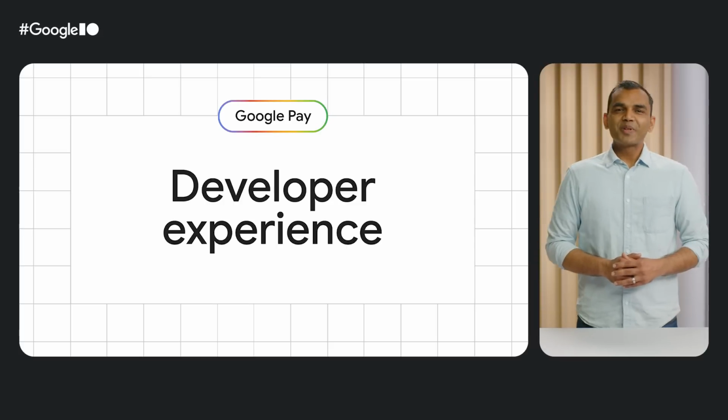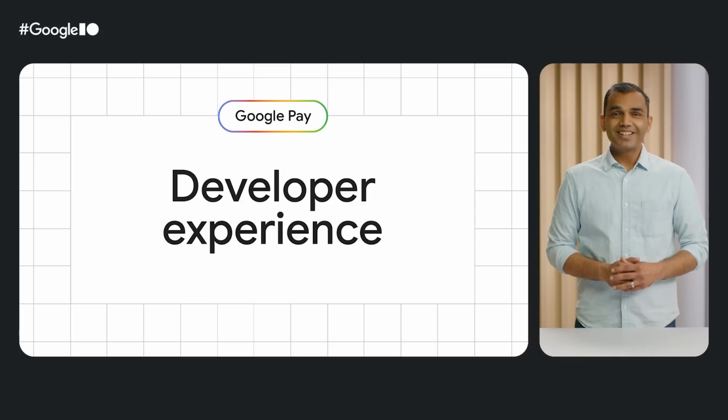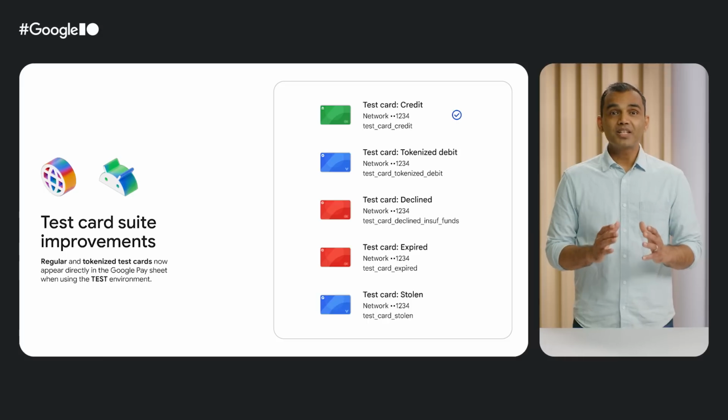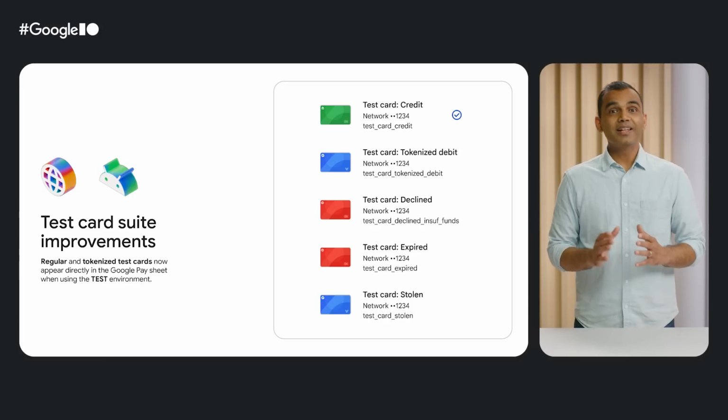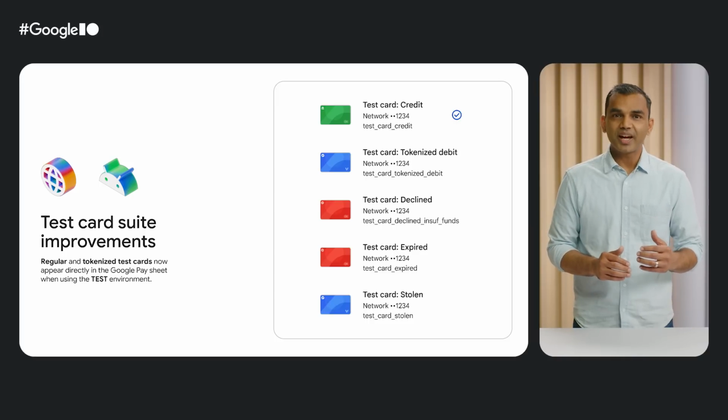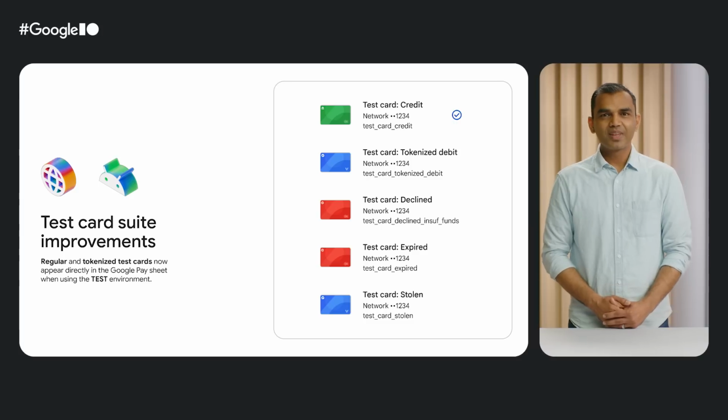We also keep developers top of mind, ensuring a delightful developer experience. Testing your payment flows with Google Pay is now easier with the latest updates to the test card suite. See test cards for your PSP of choice directly in the payment sheet when using the API in the test environment.